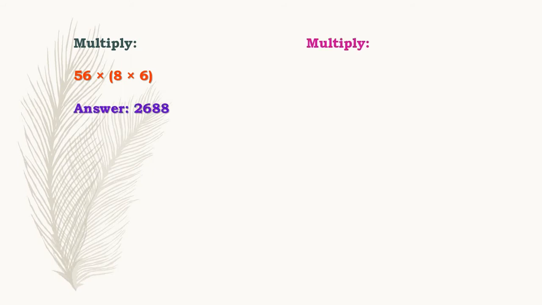Again, multiply 56 into 8, in bracket, into 6. Correct, your answer is again 2688.